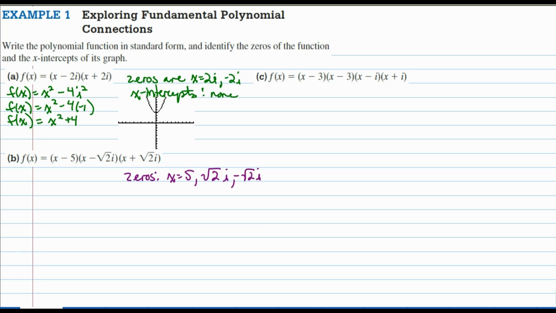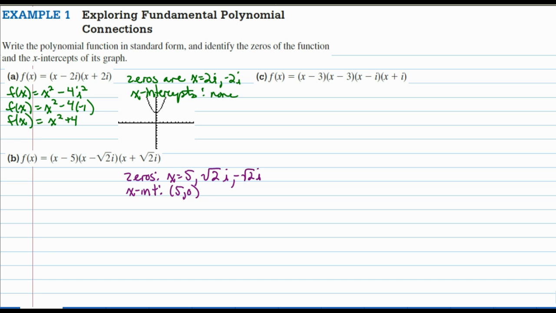The function will intercept the x-axis though at 5 comma 0, and that's it because the other two zeros are imaginary, so it will only cross the x-axis at 5 comma 0. Next, we need to write this function in standard form.